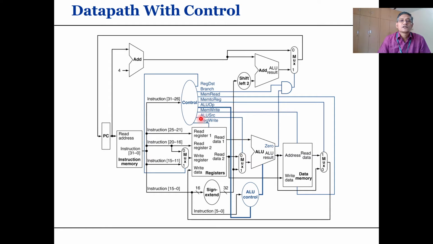And finally register write, which will be asserted whenever the register destination is asserted, because this port should be asserted to write values into any of the registers in the register set. So this is the description of the entire control signal and the ALU control signal.